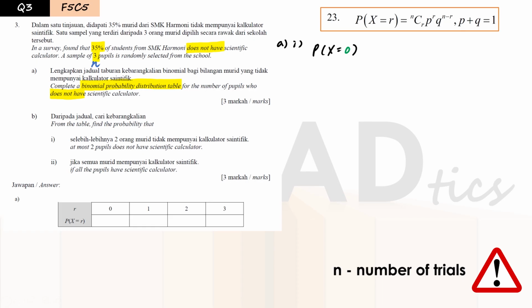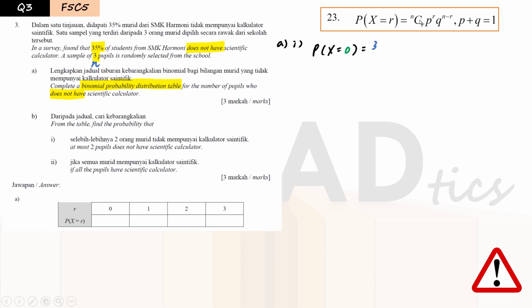Once I complete my first experiment, I choose the second pupil as my second experiment or second trial. Same thing, I decide whether the pupil does not have or has a scientific calculator, followed by the third pupil, which will be my third trial or third experiment. That's why n is 3.